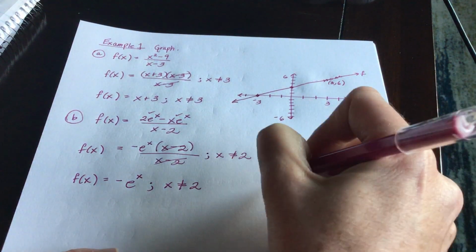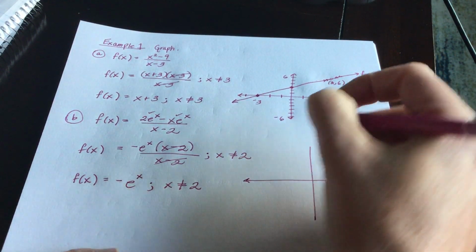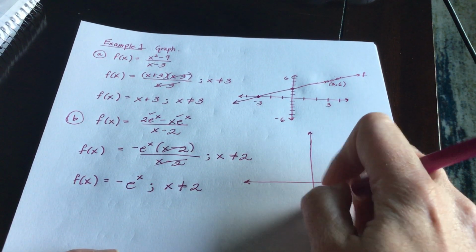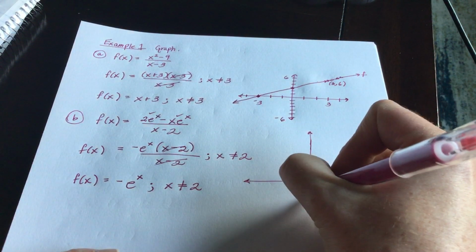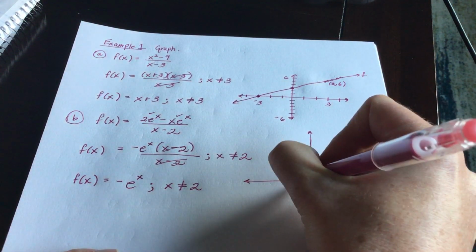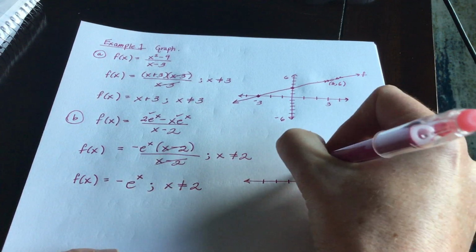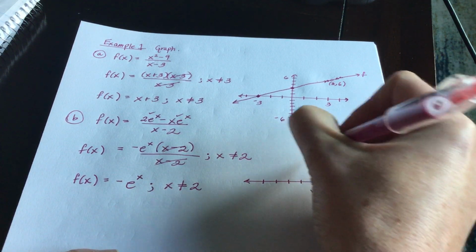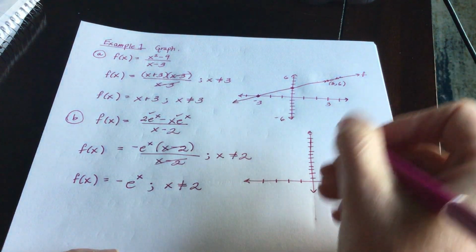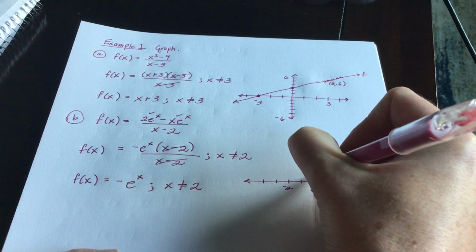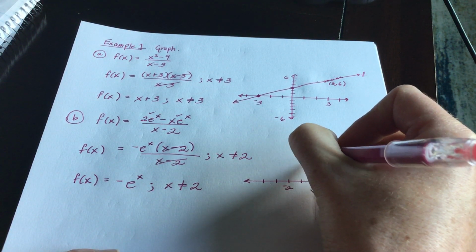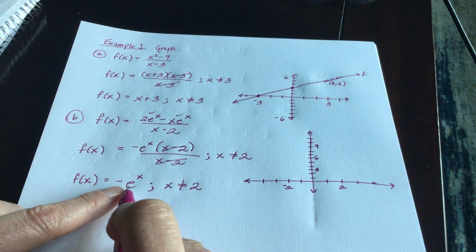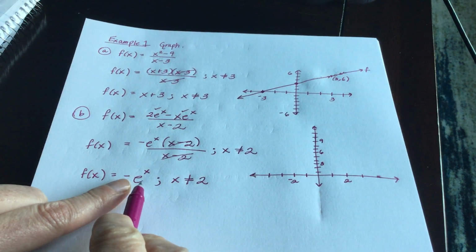So graphing this, I'm going to make these closer. Okay, 2, -2, 3, 6. Okay, so let's graph f of x equals negative e to the x.